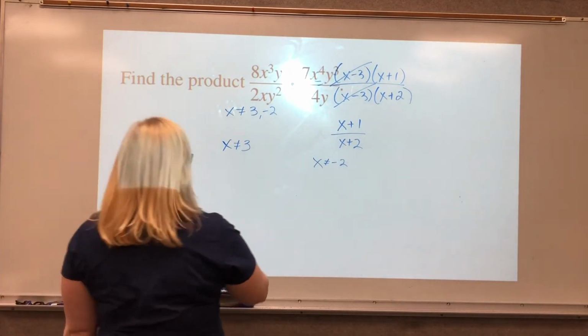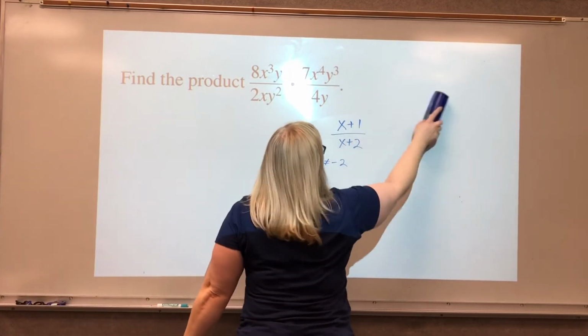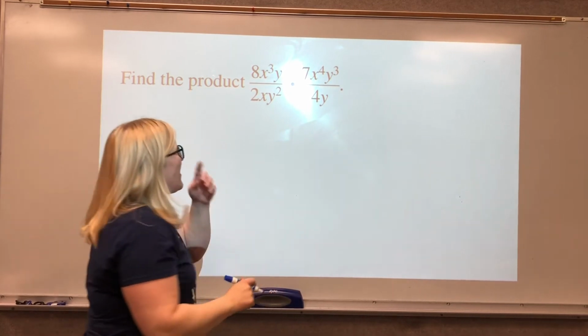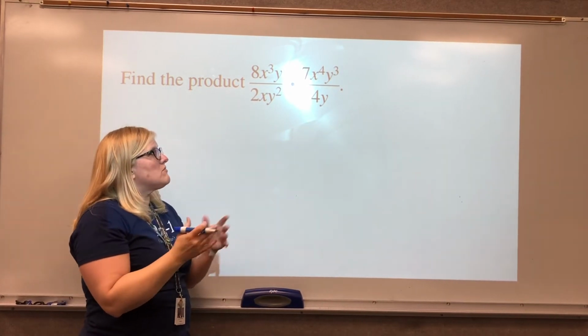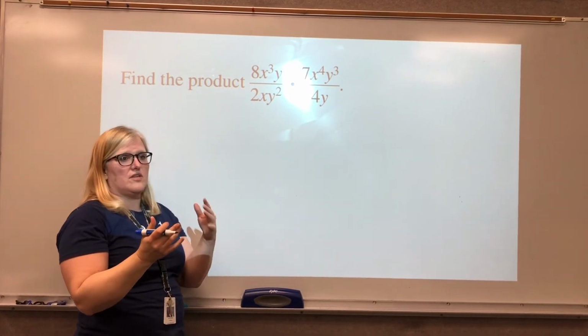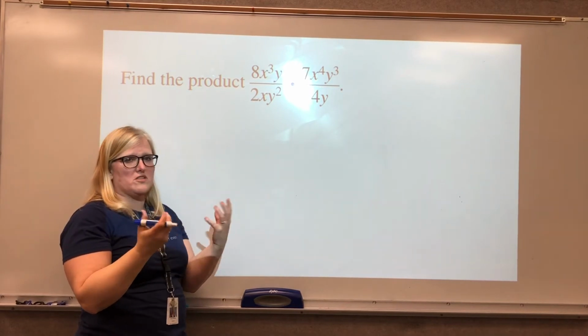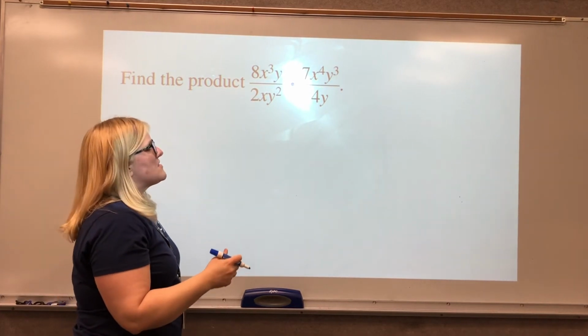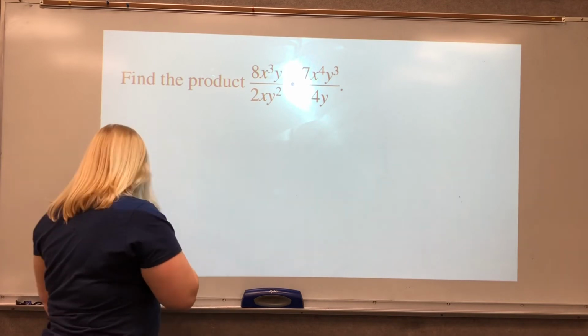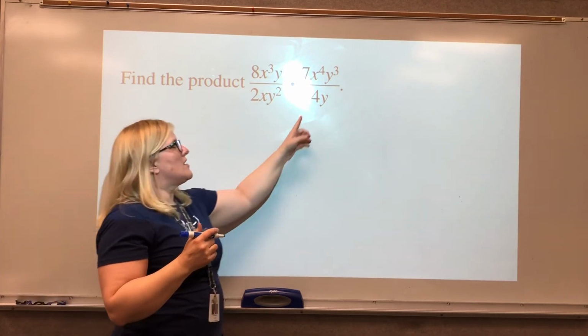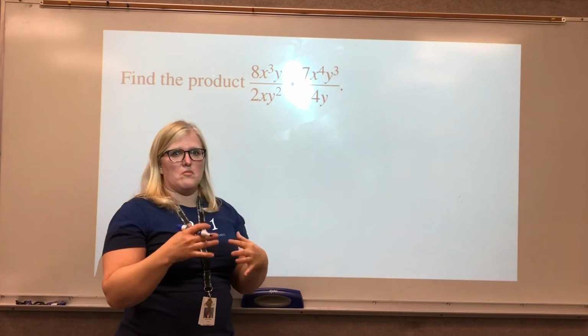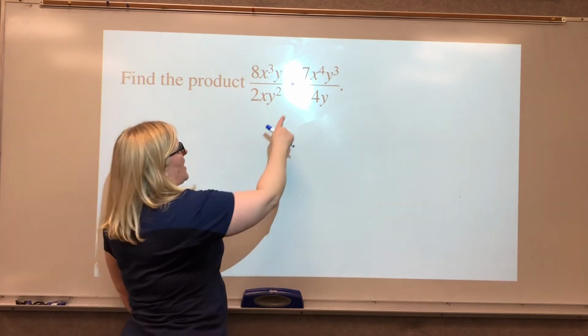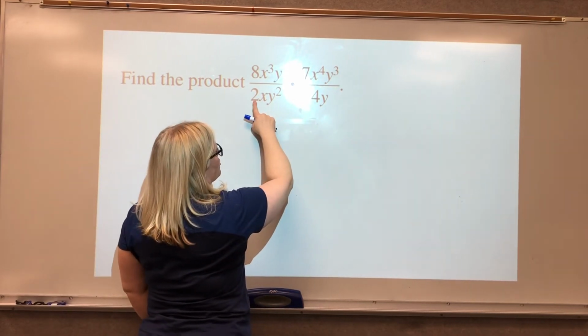Okay, so finding the product. These are different because they're polynomials of one term. And what I like to do with these is take care of the numbers first. In this case, I have a 4 times 2 in the denominator.